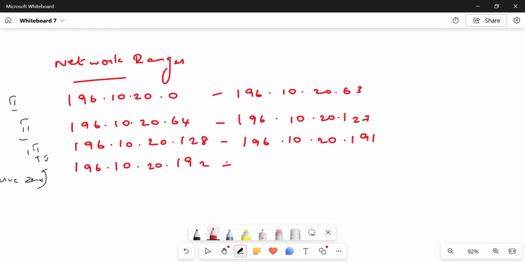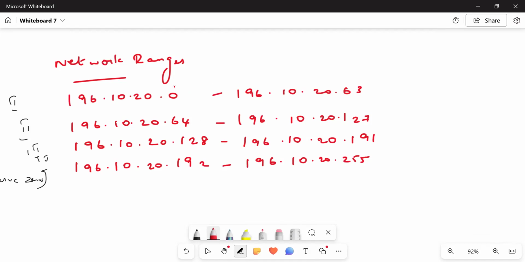And after 192, we have 256, so the last address is 192.10.20.255. So these are all the different subnets: first, second, third and fourth.